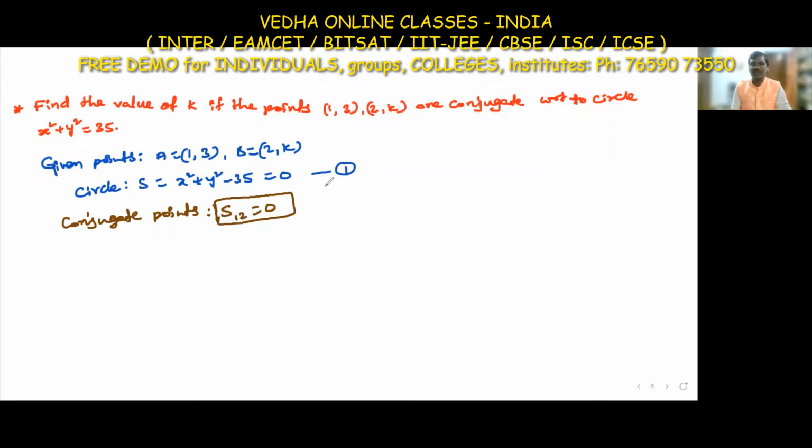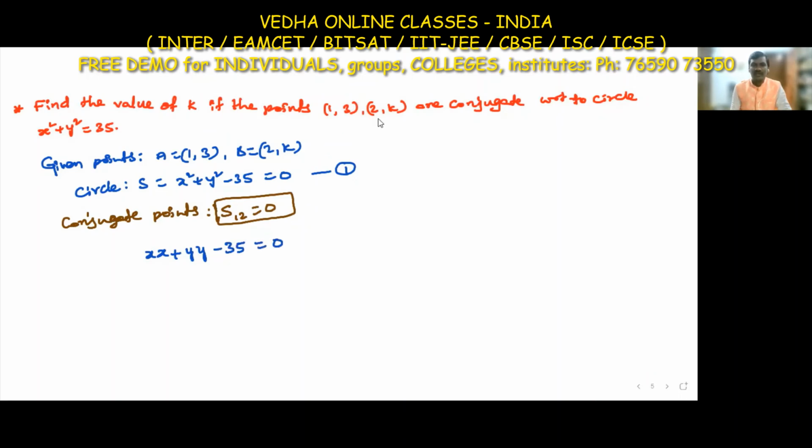For the given equation, we can write S12 as follows: x square I am writing as x into x, and y square as y into y, and minus 35 as it is, equal to 0.